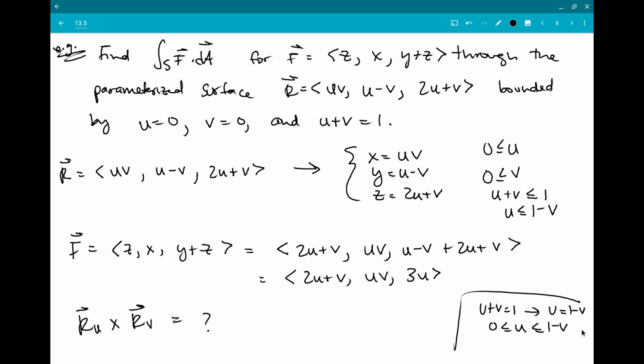That's the first thing I did. Whenever I don't have an extra bound, I set the two things equal. So 0 equals 1 minus v, and I just solved that for v equals 1 for my region.